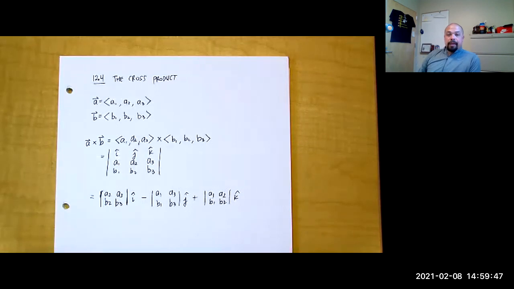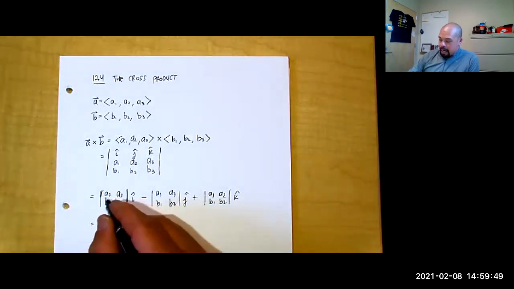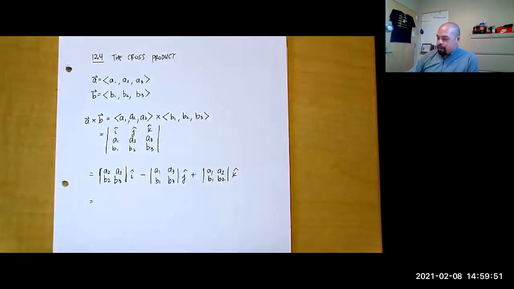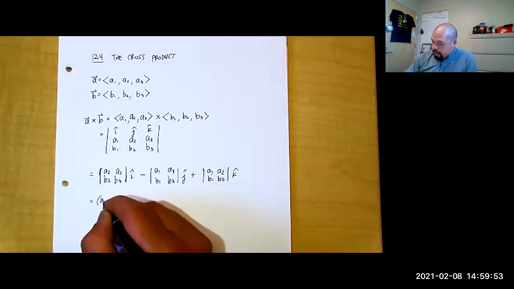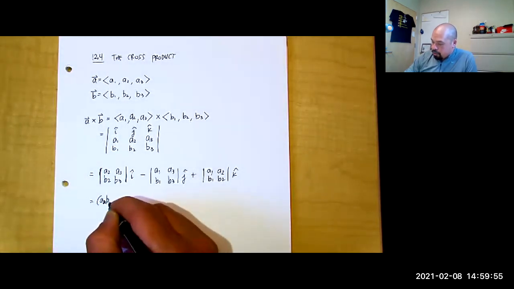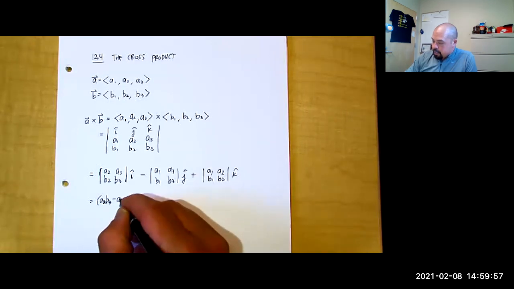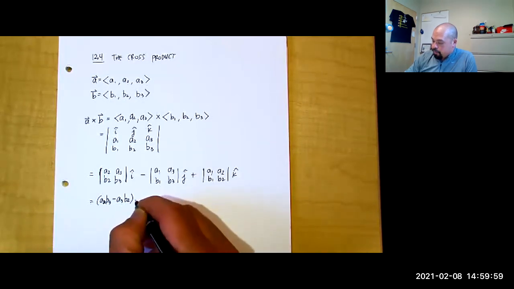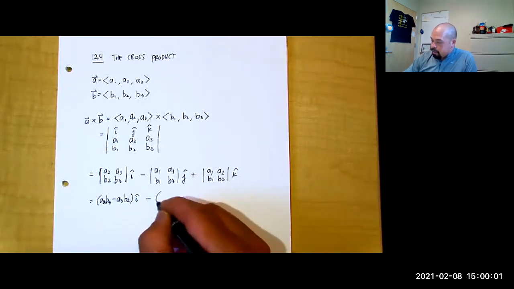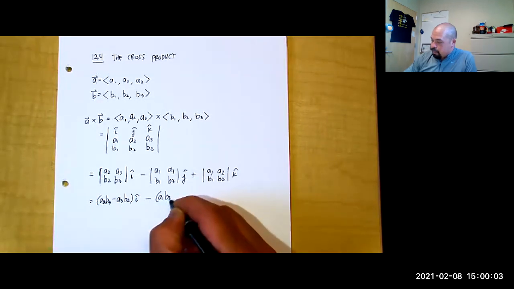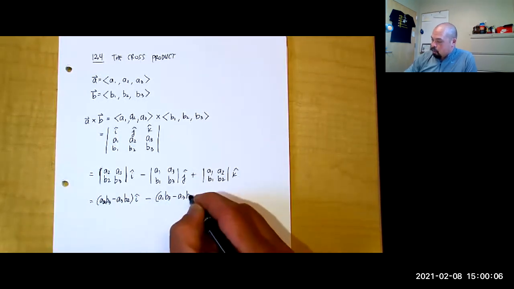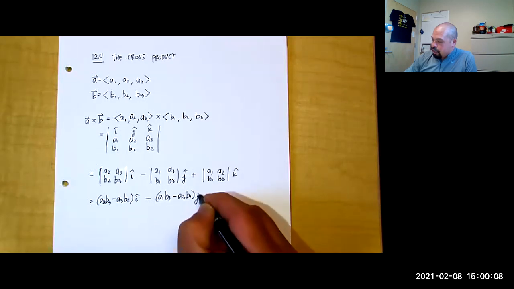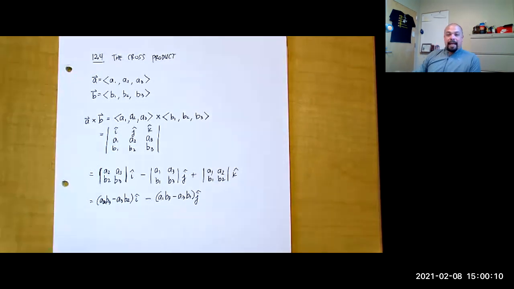Then doing that cross multiplication: A2 B3 minus A3 B2 for I, minus A1 B3 minus A3 B1 for J. So it's going to be that kind of I, J, K format.